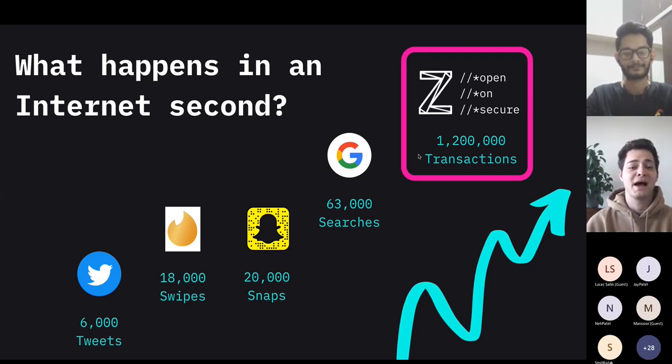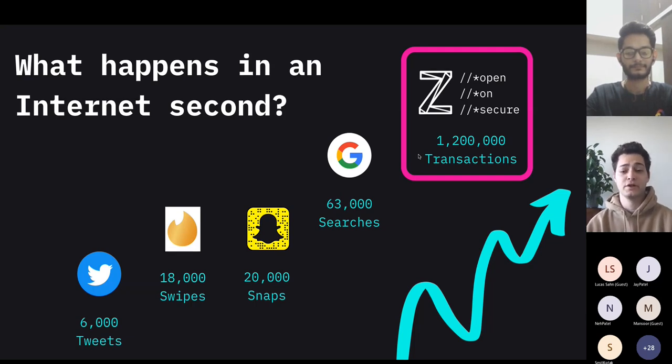I'm not going to try to do the math and extrapolate how many transactions that is in an hour or a minute or a day, because my brain isn't wired to do math that fast. But that is an insane amount of data running through these IBM Z machines every single day.